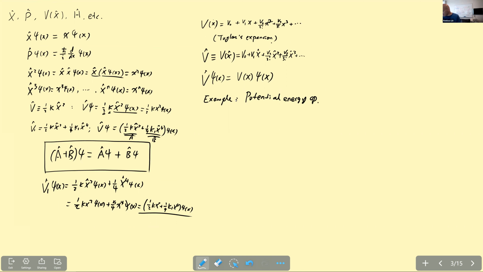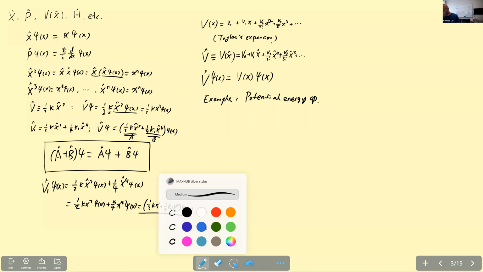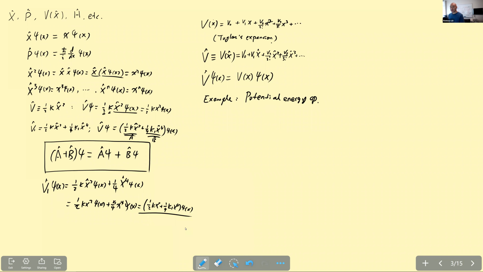Okay, and you can do the same thing for the momentum operator. Even though it's a differential, if you write this one as an operator, it will be perfectly of the same formalism, okay? And then you know that you can have P acting on psi of x equal to h bar over i, d over dx of psi, okay?